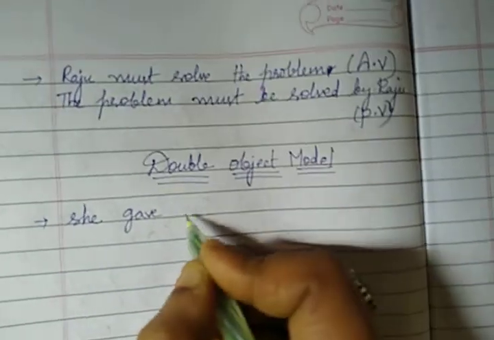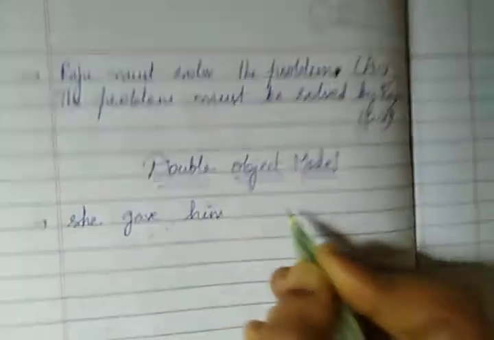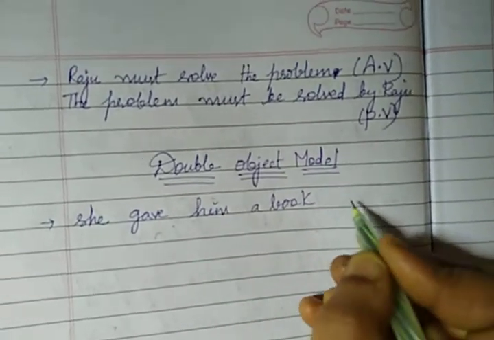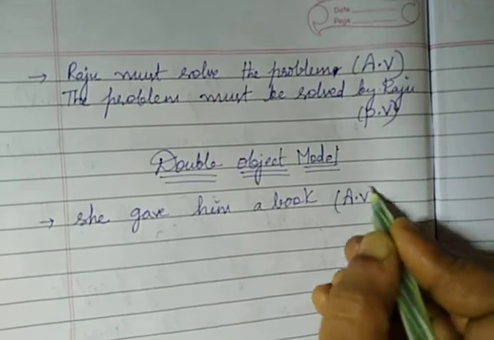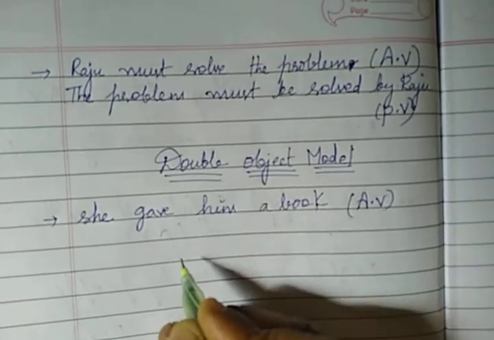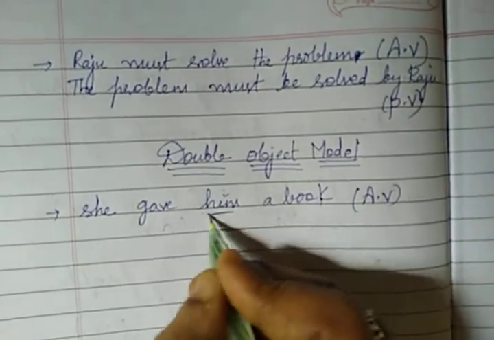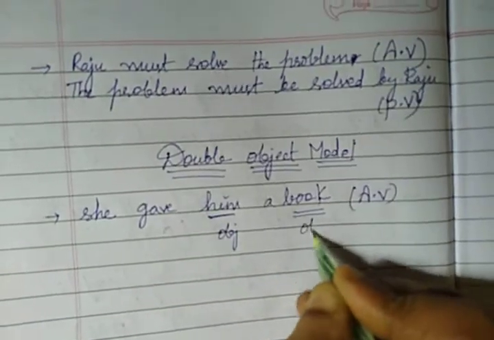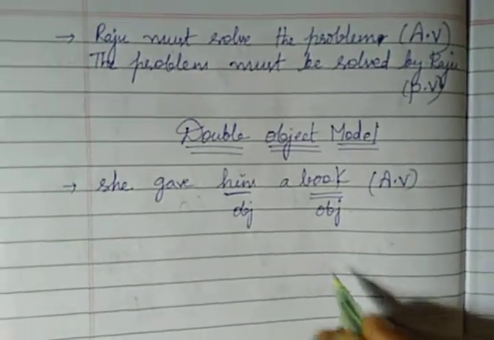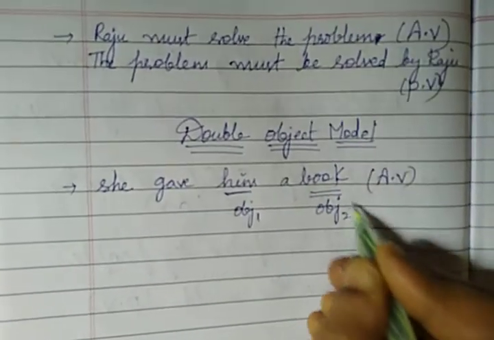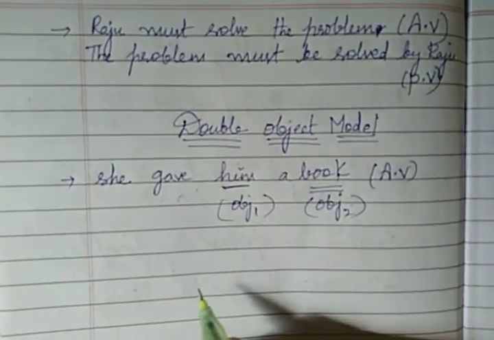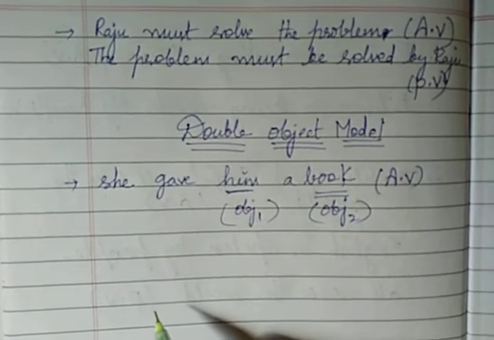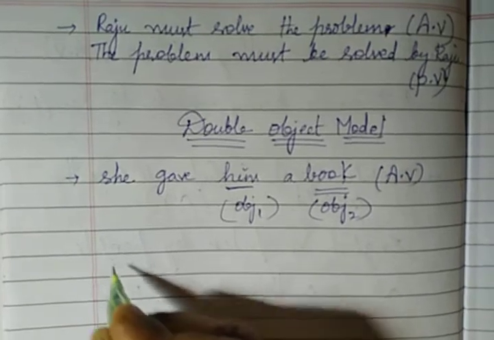She gave him a book. It's an active voice. Him, it's an object. It's the first object, and the second object. He was given a book by her.